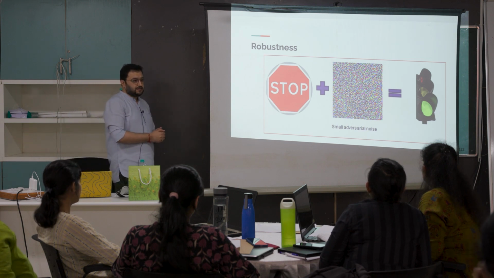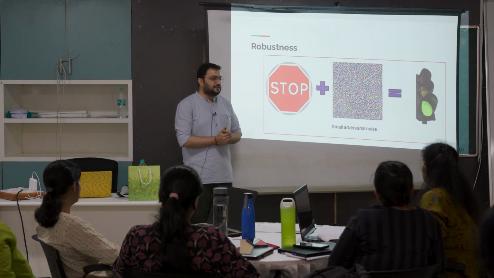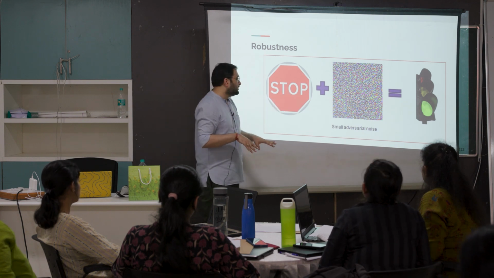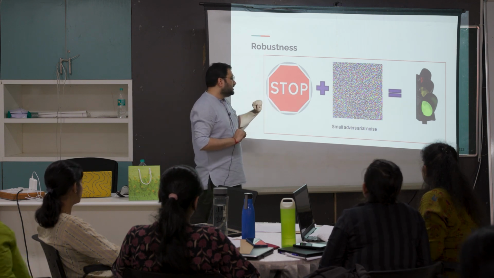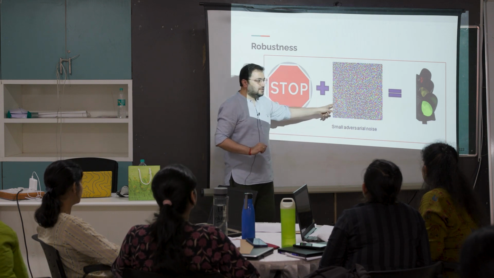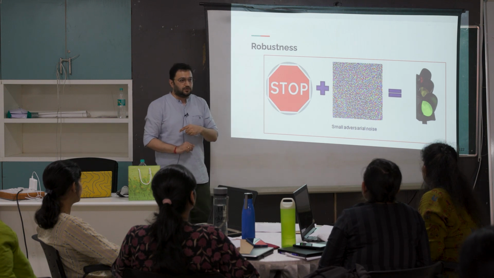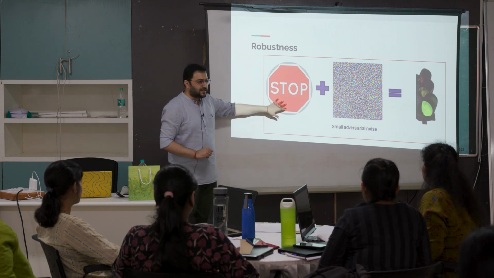Next is called robustness. So what robustness says is, if you have an image, you have trained your system with an image, is there a way I can introduce some noise and get the system to give a completely opposite output? For example, this is a stop sign.